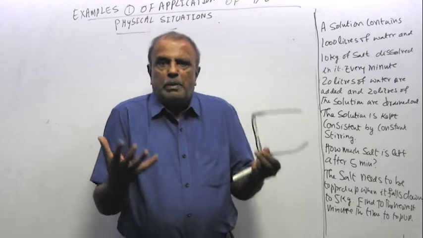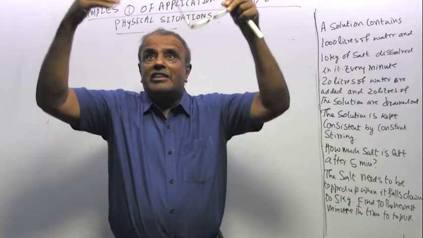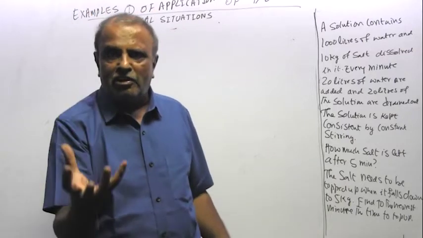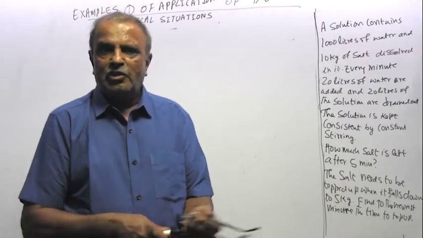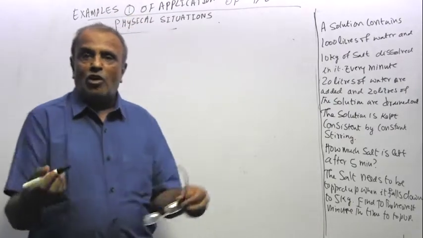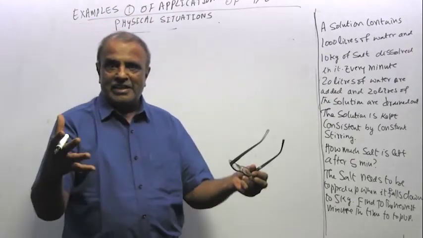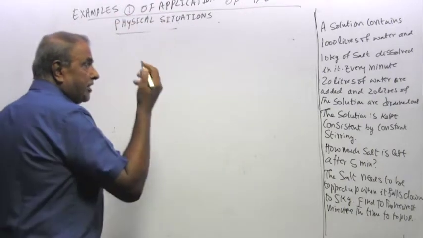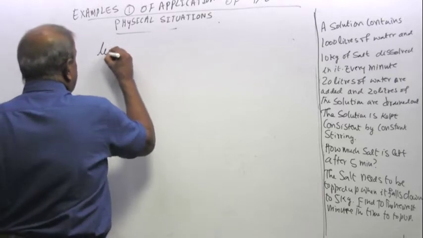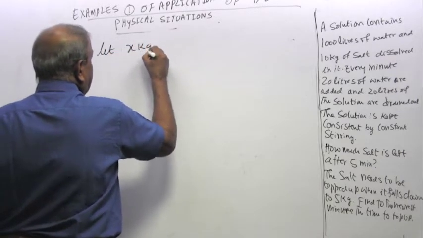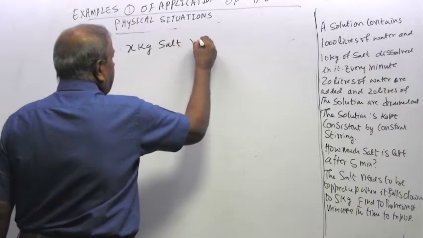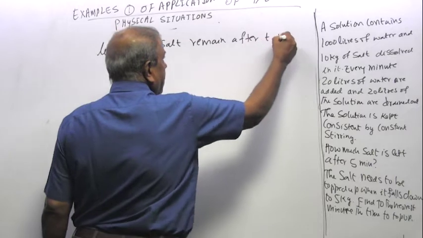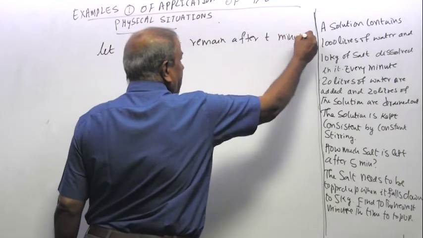But because the solution is getting diluted, the concentration starts reducing. So the amount of salt in the solution keeps changing, keeps reducing. That's the first variable. So we assume let x kg salt remain after t minutes. So you have identified the variables.